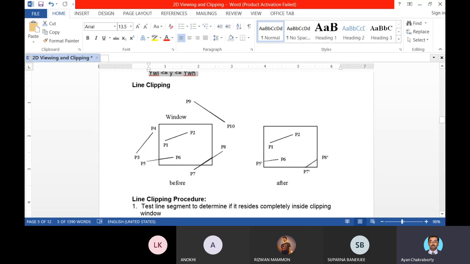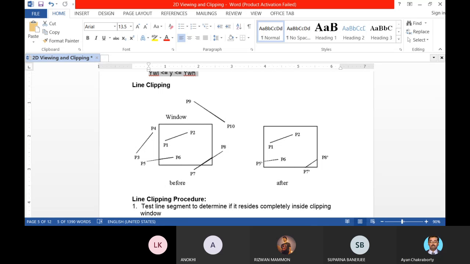So we have to check whether these straight lines whose endpoints are completely outside this window frame have any intersection point with the window frame or not. Okay, we have to check this thing. So how can we check this?